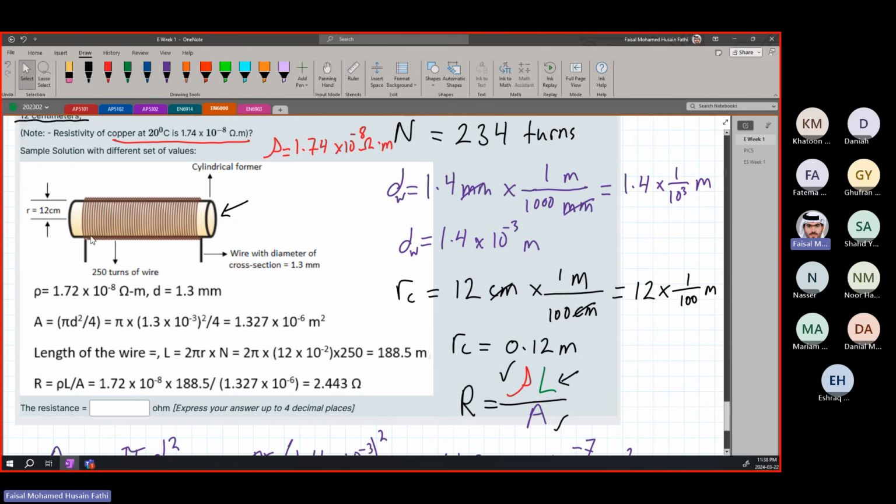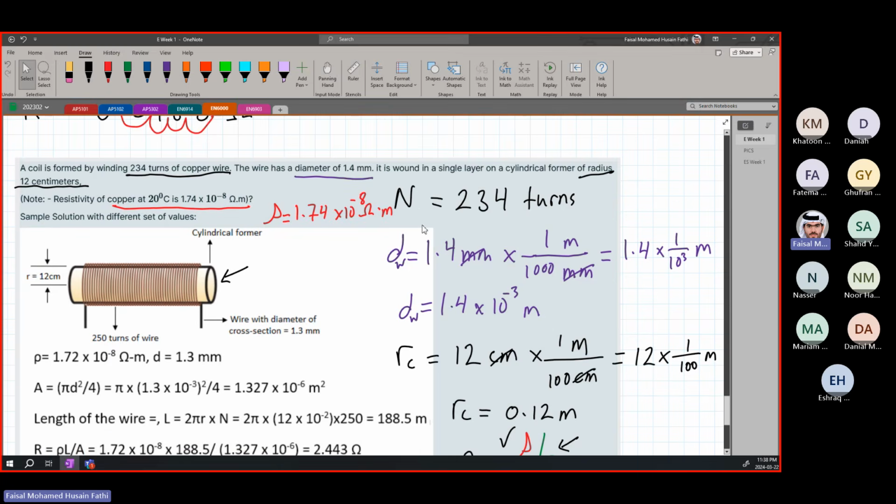If you notice here, the wire is going around this cylinder a specific number of times. So it is the circumference of this cylinder times the number of times it turns around it, the number of turns.